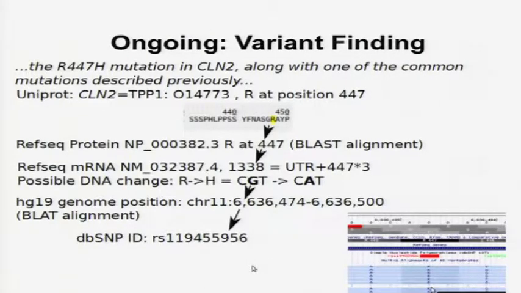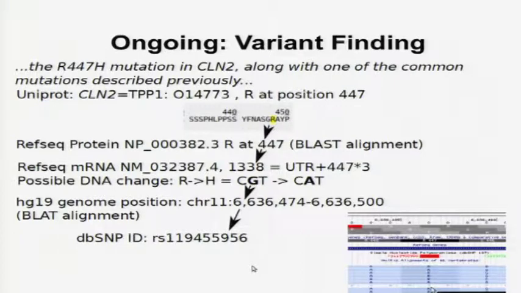Another thing that is important for the variant finder, and now we're getting really into genetics and genomics, and I don't want to spend too much time on it, but people sometimes specify things, sentences like the one on top here, R447H, and in biology there are tons of conventions like this. That's a mutation from R to H in a gene. And now I want to find out, is that possible?